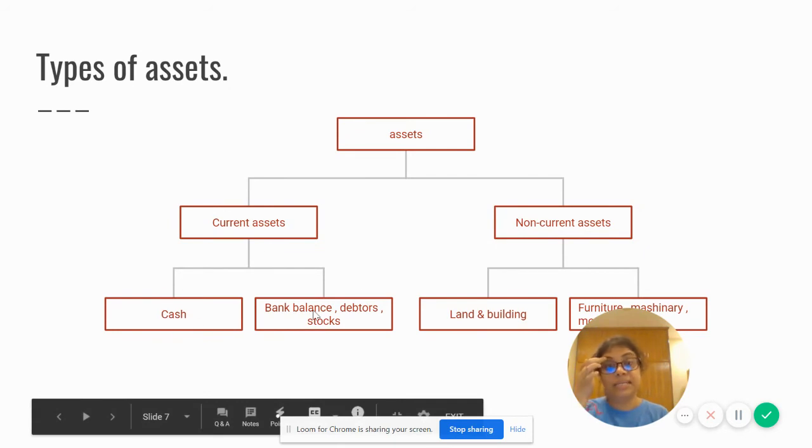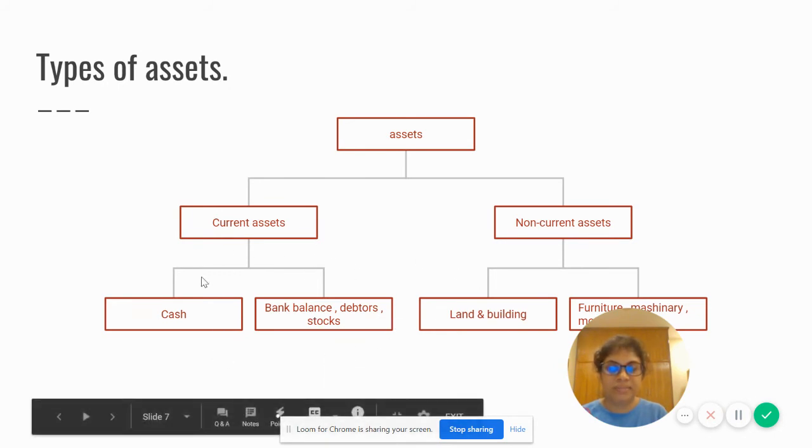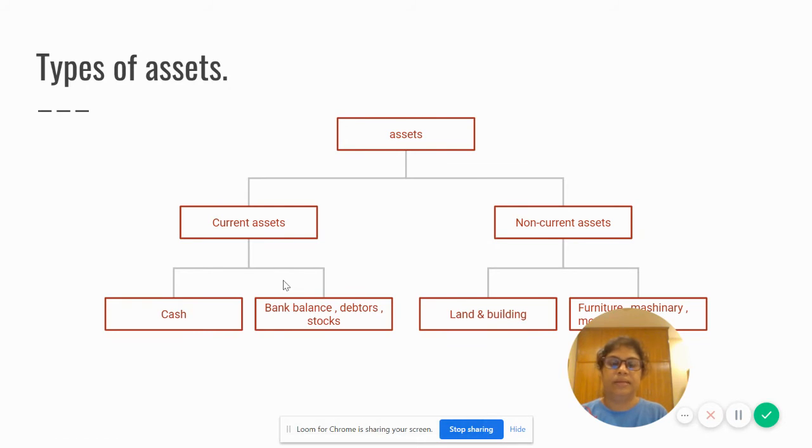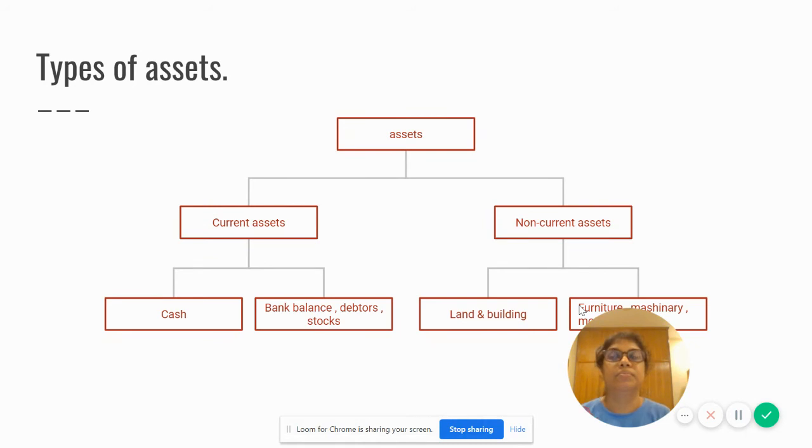You can consider it as one. All these come under the examples of current assets. Then, when it comes to non-current assets, land and building will be there, and other assets like furniture, machinery, and motor vehicles all come under non-current assets.